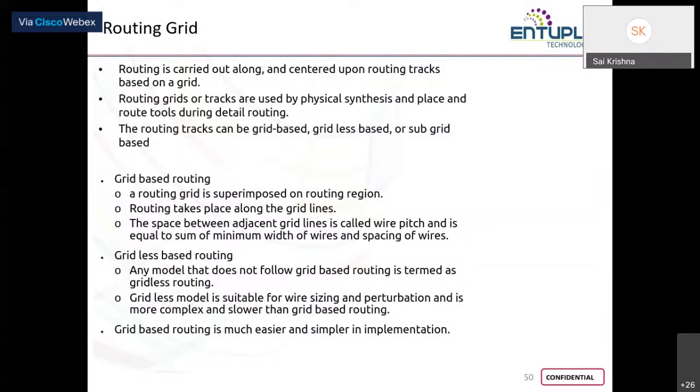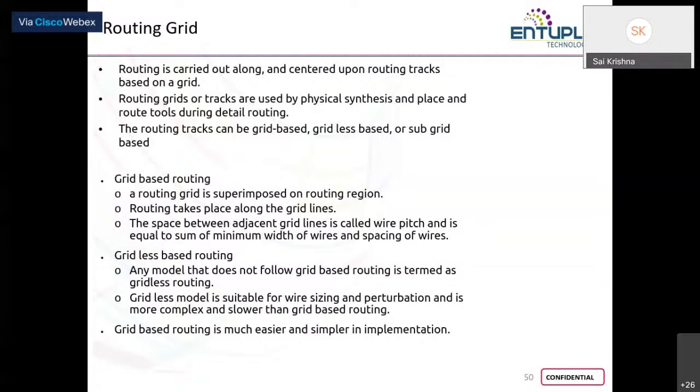Grid-based routing is where you follow your routing grid and make all the connections.